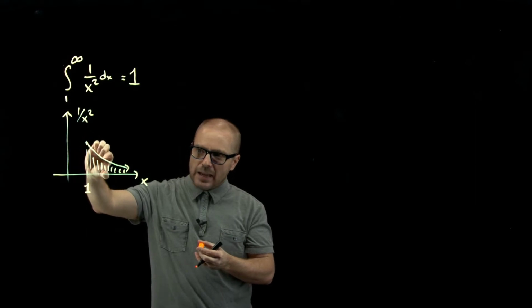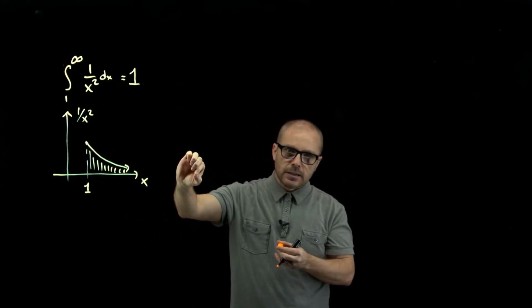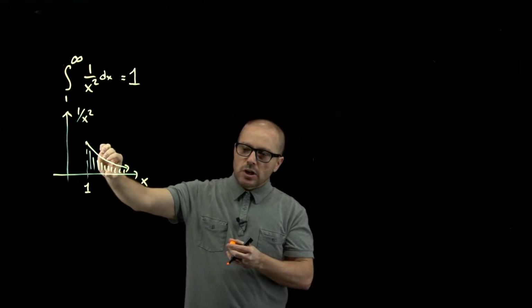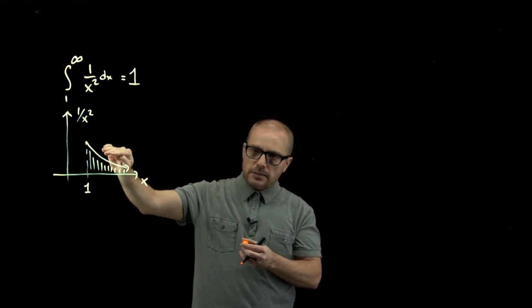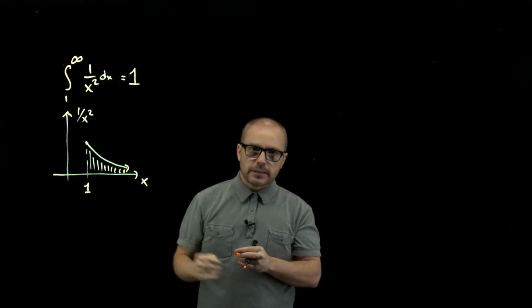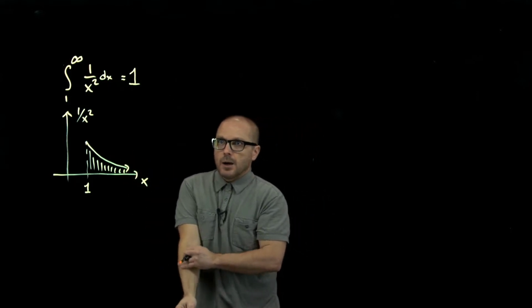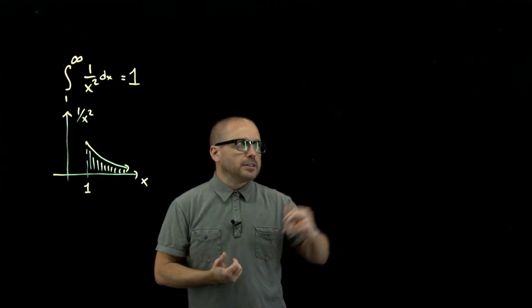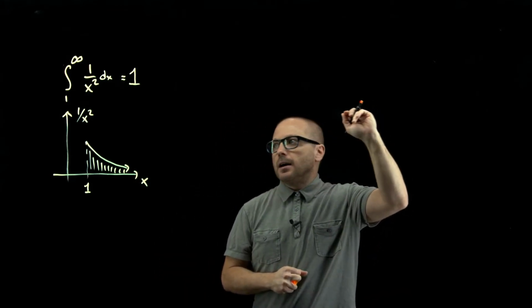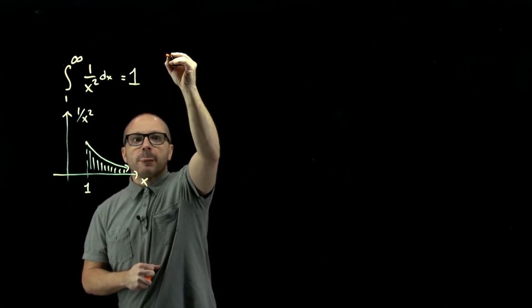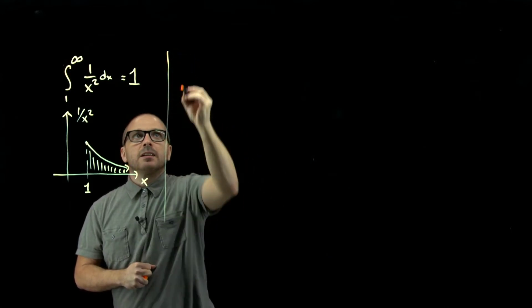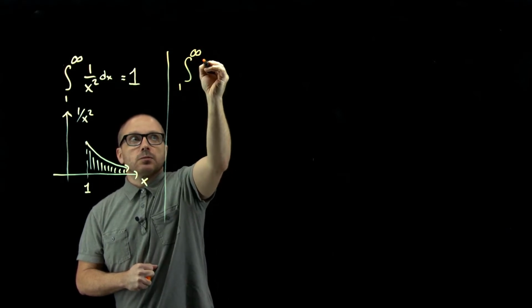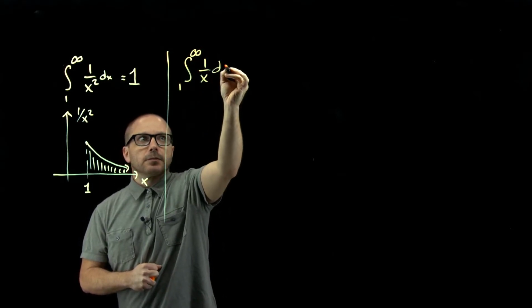It not only has to come down to the x-axis, it has to come down to the x-axis fast enough. Just going down to the x-axis or having an asymptote of the x-axis is not enough. To contrast that, we can look at something very similar. Say the integral from 1 to infinity of just 1 over x dx.